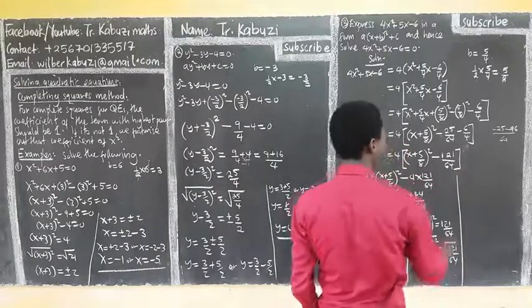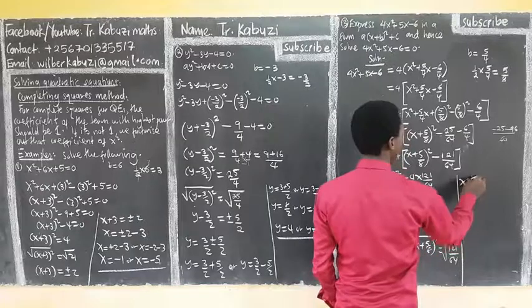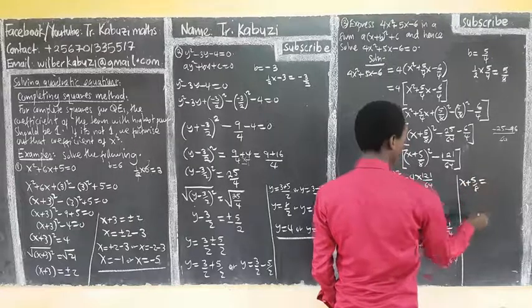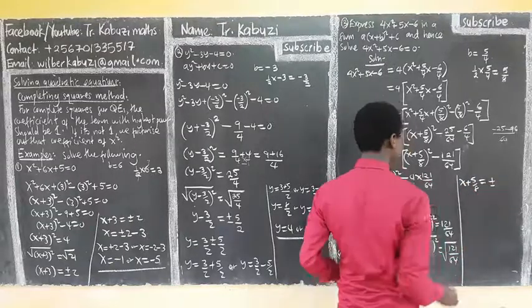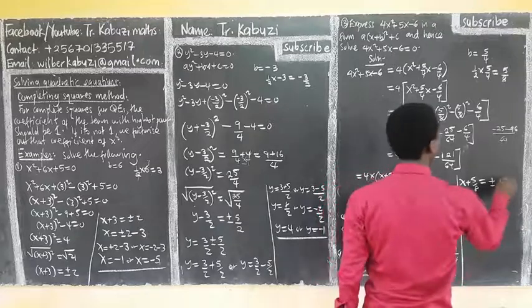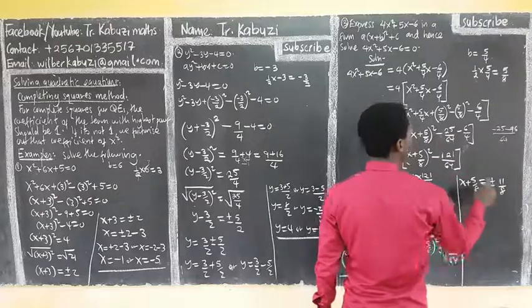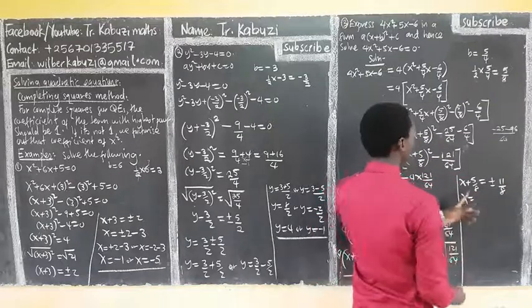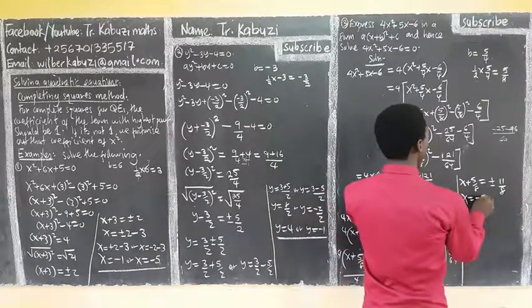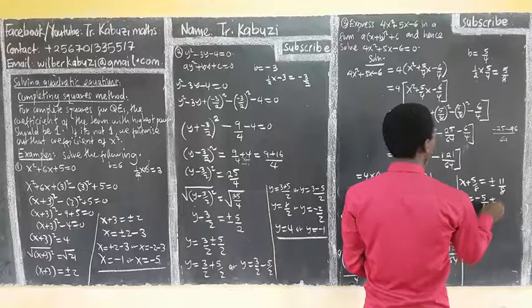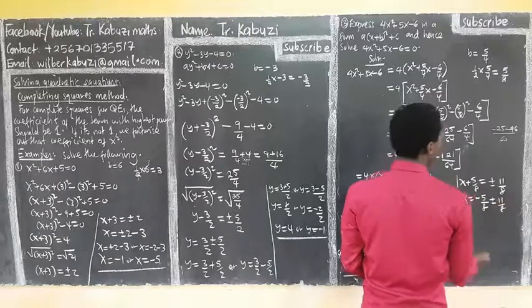So I have now x plus 5 over 8 equal to plus or minus the square root of 121, which is 11, then the square root of 64 is 8. Take this side, so x will be, once it crosses it becomes minus 5 over 8 plus or minus 11 over 8.